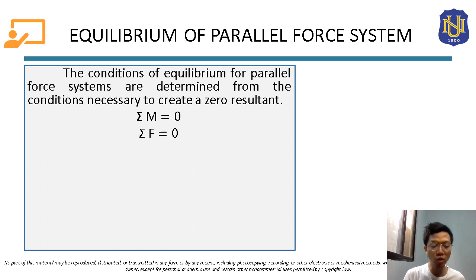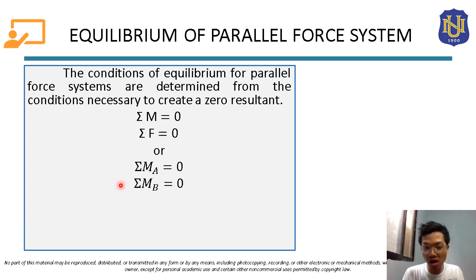So these are the two equations that we're going to use in solving for systems of parallel forces in equilibrium. We can actually have a choice of what equations we're going to use. We can also use two moment equations: summation of moment at a specific point equal to zero, and summation of moment about another point in the system, which will also be equal to zero.